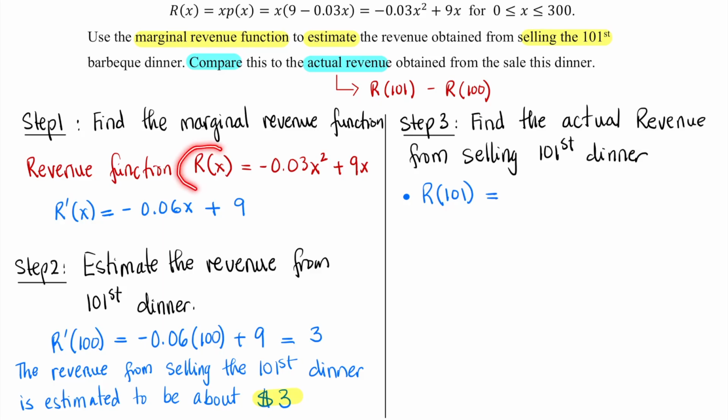My revenue function is negative 0.03x squared plus 9x. To find R of 101, I substitute x equals 101. So I have negative 0.03 times 101 squared plus 9 times 101, which is 602.97.